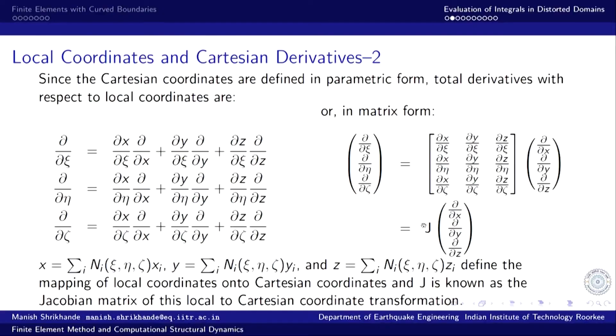interior of the domain, element distorted domain. And if the distortions are severe such that one to one correspondence is lost, so there is no longer one to one mapping, for example, if the parent element wraps back onto itself, then there is no one to one mapping between parent element and the distorted element.